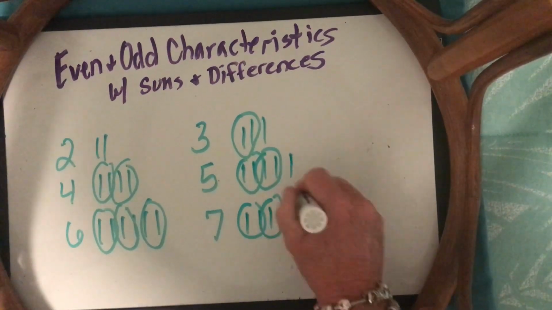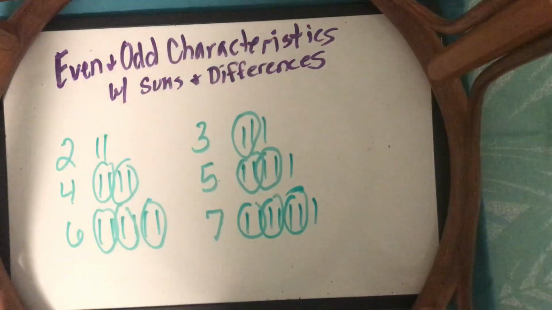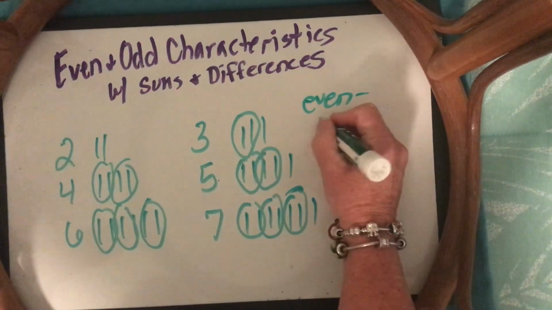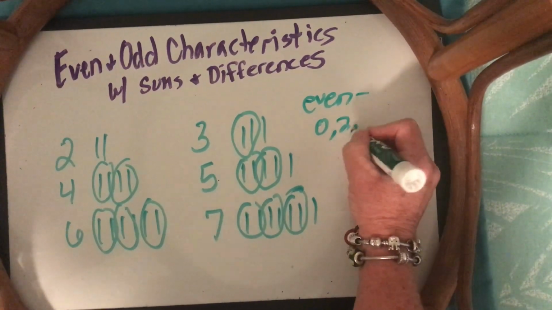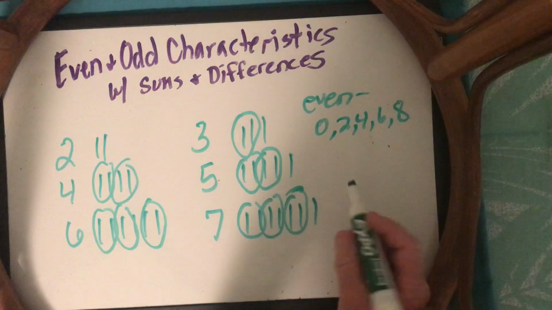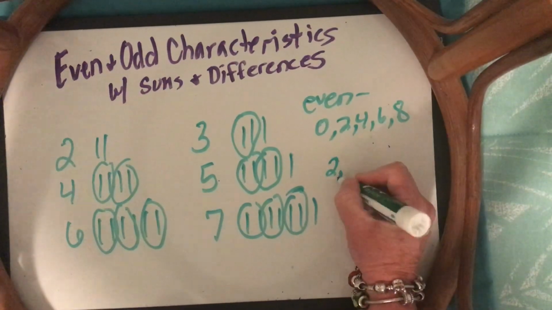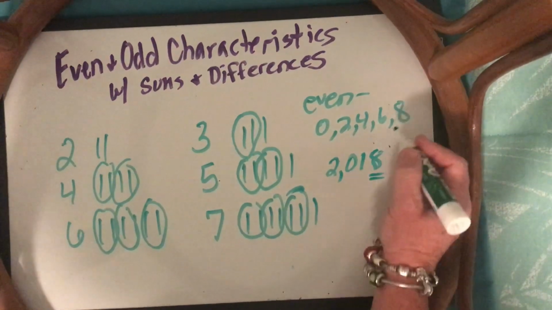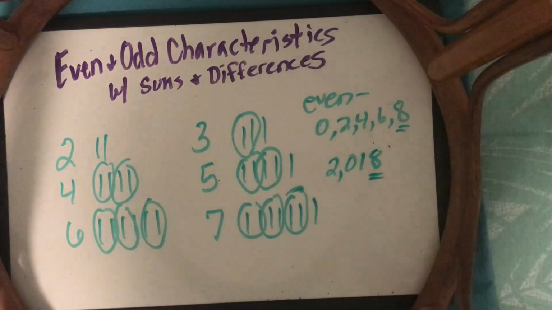Okay? So when we're talking about even and odd numbers, even numbers are 0, 2, 4, 6, 8, or any number that ends in one of those digits, such as 2018. It ends in an 8. 8 is even, so this number is even.